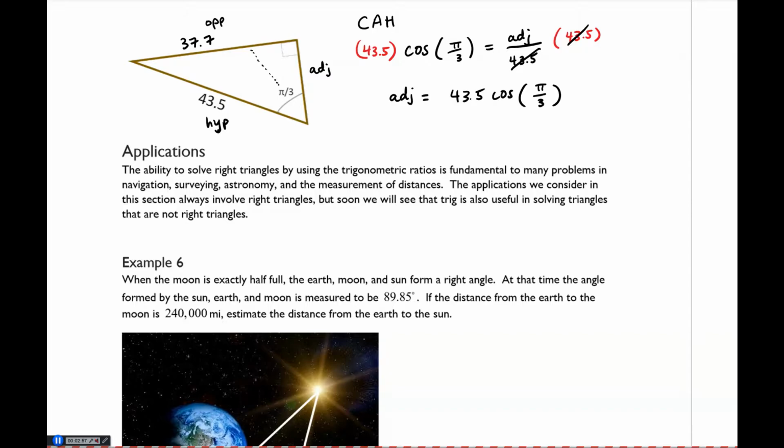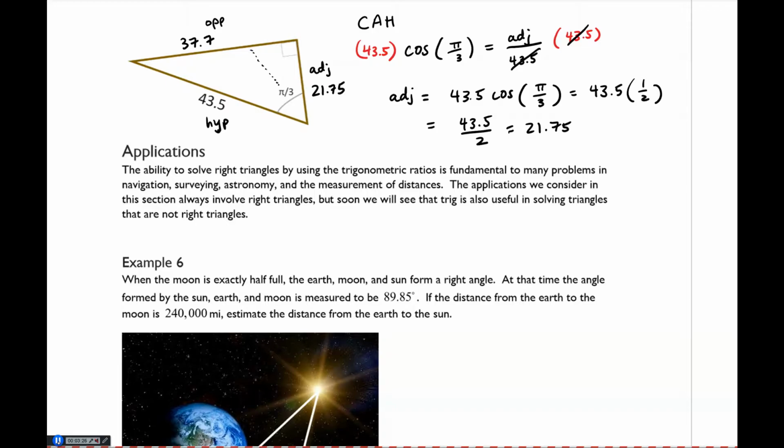And cosine of pi over 3 is one of our special angles, so we should be able to calculate that without a calculator, and this ends up being 43.5 times 1/2. And so we get 43.5 divided by 2, and that gives us 21.75.